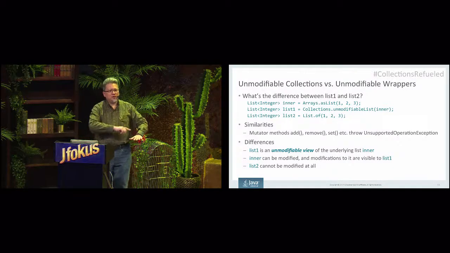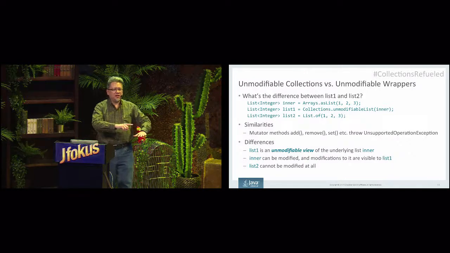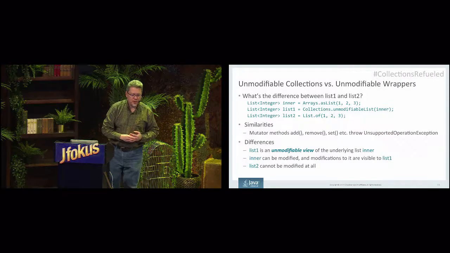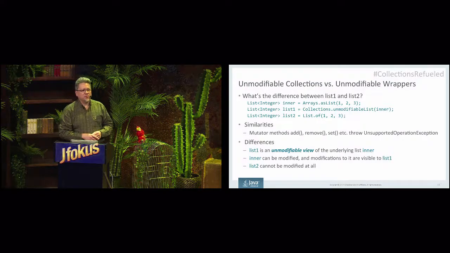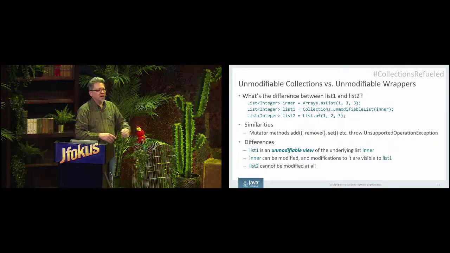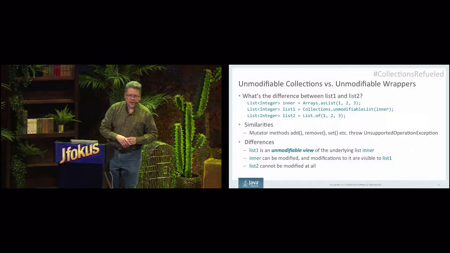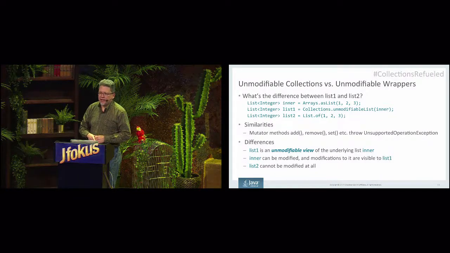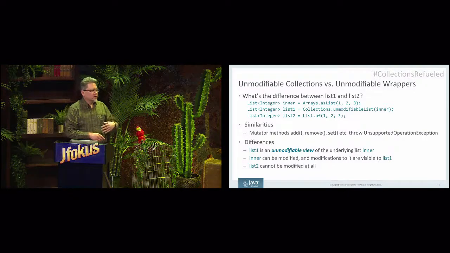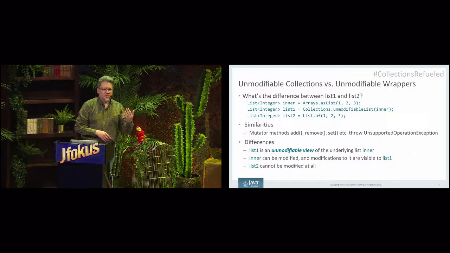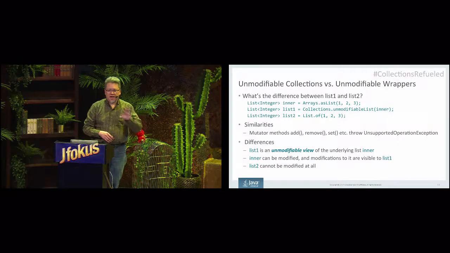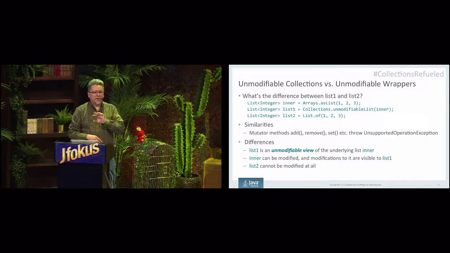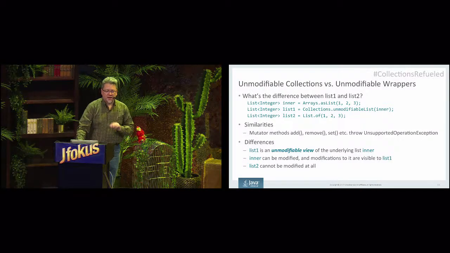So if you still have access to the underlying list, you can modify it, and that modification will be visible through the unmodifiable view. So list 1 can appear to change as the program progresses if the underlying collection changes. List 2, on the other hand, cannot be modified at all. So even though they were describing these collections using the term unmodifiable, there is this difference between an unmodifiable collection and an unmodifiable view that simply wraps another collection that might be modifiable.